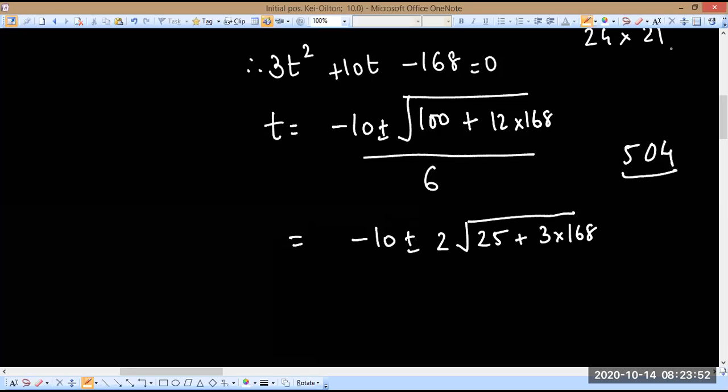I think I've made a mistake somewhere. 28 and 18 are factors. Okay. I took a 4 out. B square minus 4 AC. So that was correct. Yes, okay, that's right.